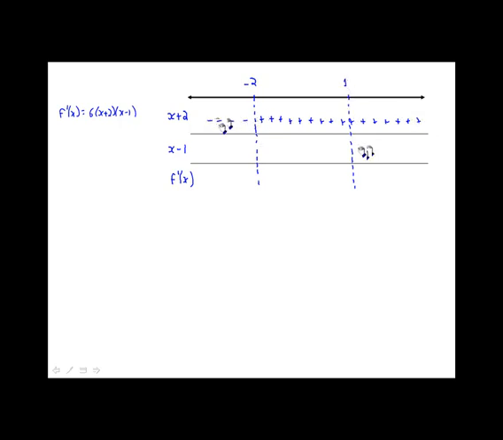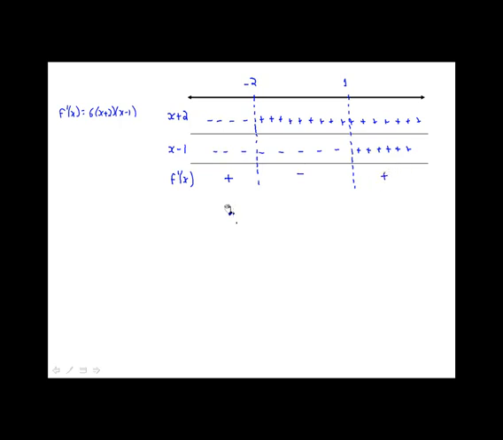And then x minus 1, positive to the right of 1, negative to the left of 1. So f prime at x, the derivative, is positive to the left of negative 2. It's negative between negative 2 and 1, and then it's positive when you're to the right of 1.